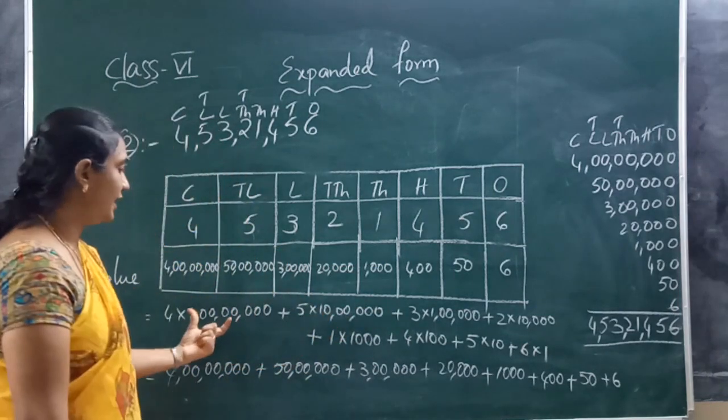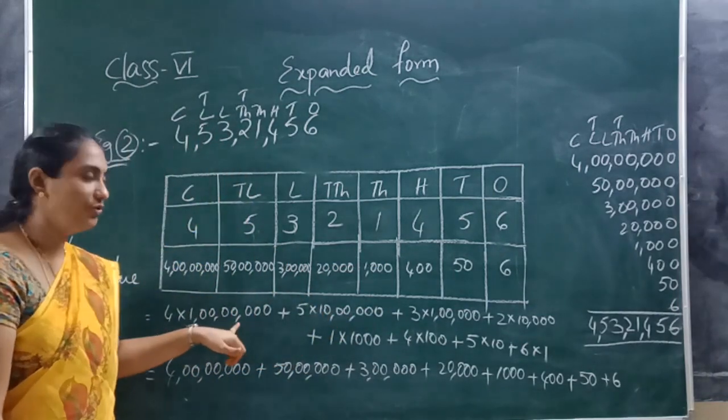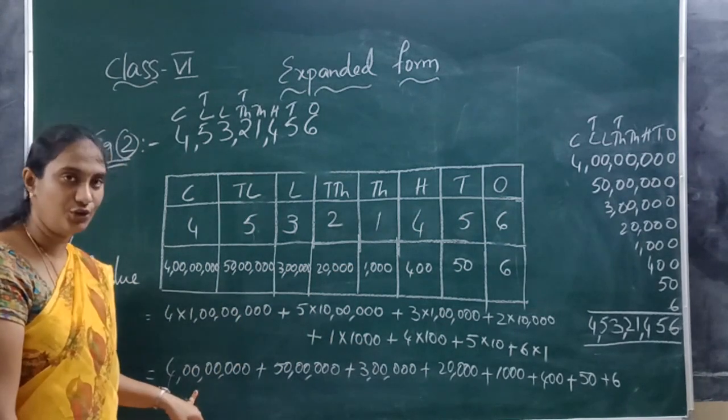By multiplying, 4 into 1 crore equal to 4 crores.